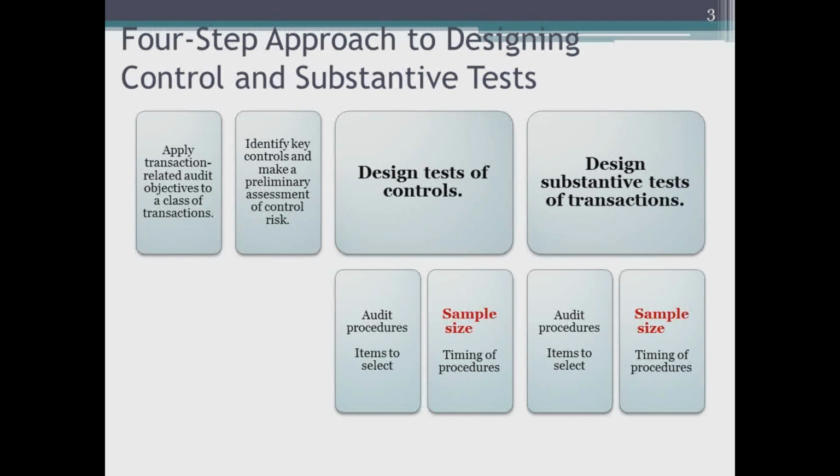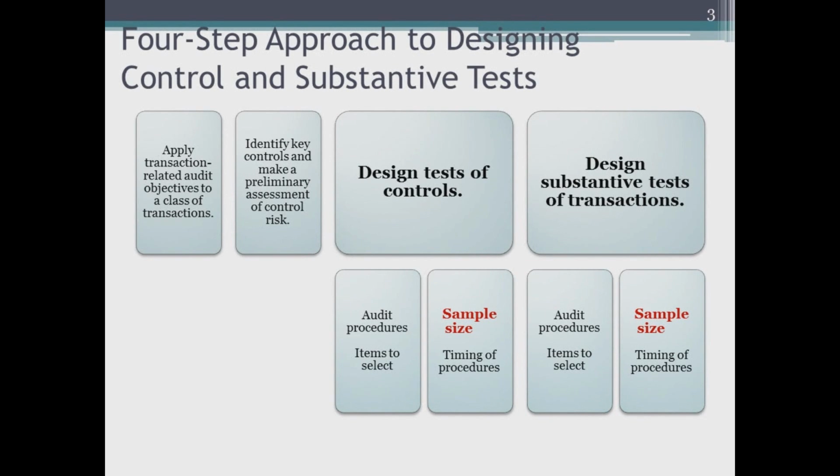What's the relationship between the test of controls and substantive test of transactions? Let's say we have a situation where we rely on internal controls. Controls are effective. Right.